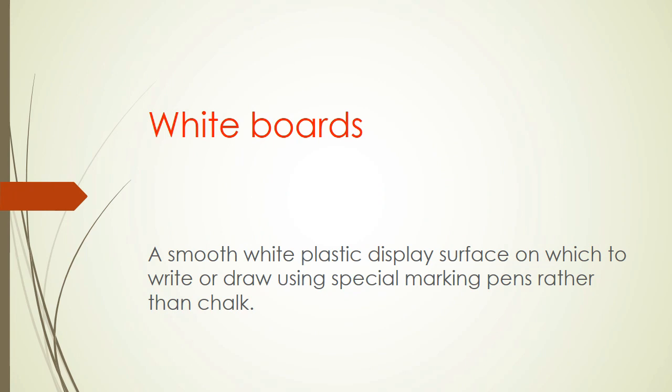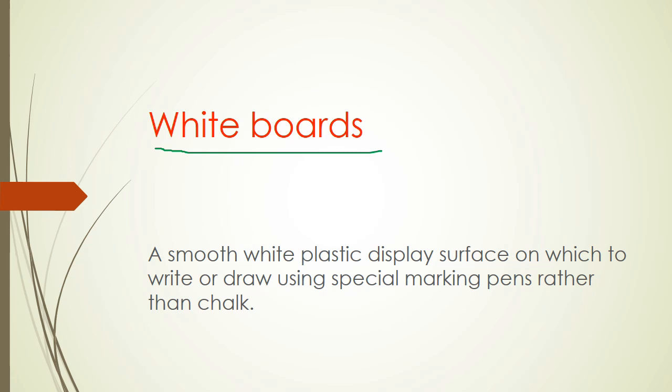We have looked at the chalkboards and their various types. We now want to look at the second type of display board, which is called the whiteboard. A whiteboard is a smooth white plastic display surface on which to write or draw using special marking pens rather than chalk.